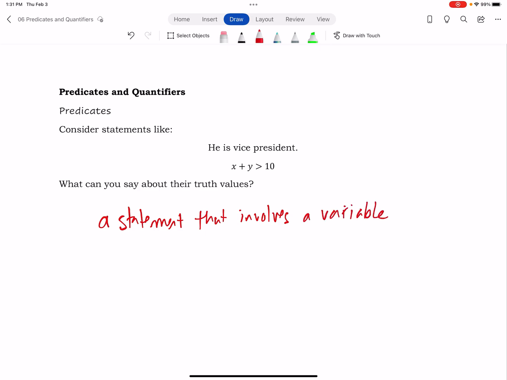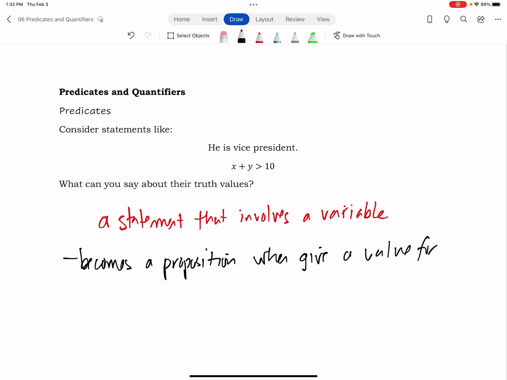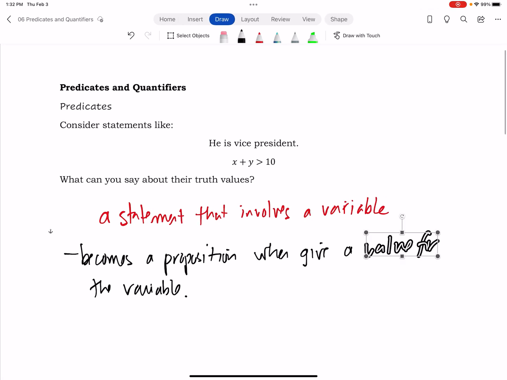And the thing about a predicate is that it becomes a proposition when you give a value for the variable. So if I say Jack Black is president, in our first predicate, the variable is "he."